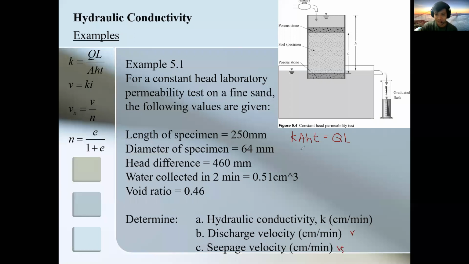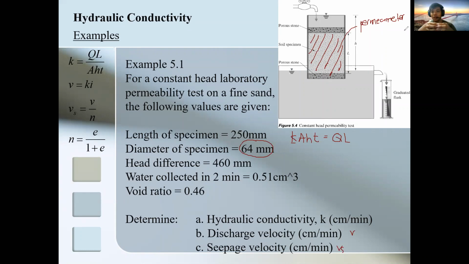So K, we have to solve for K. What about A? We have the diameter. Since we have the diameter, our area is a circle. What you will see later in the laboratory experiment is that the vessel for your experiment is called a permeameter, which is a cylinder.